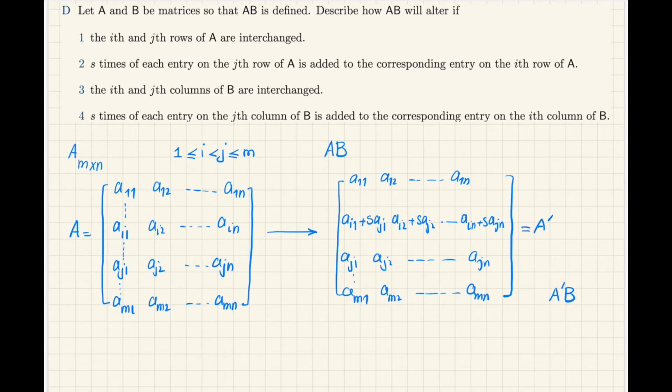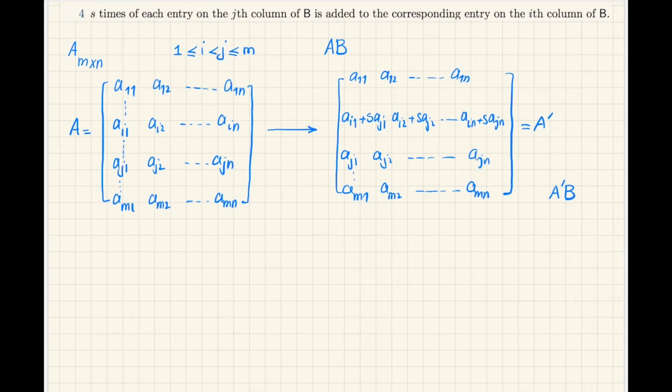The claim is that all the rows of matrix A prime B are the same as the rows of the original product AB except for the ith row, and the same thing that happened to the ith row of matrix A will happen to this product as well. So in principle, if I ask you what are the rows of matrix A prime, you will answer in this way. So let k be an integer between 1 and m.